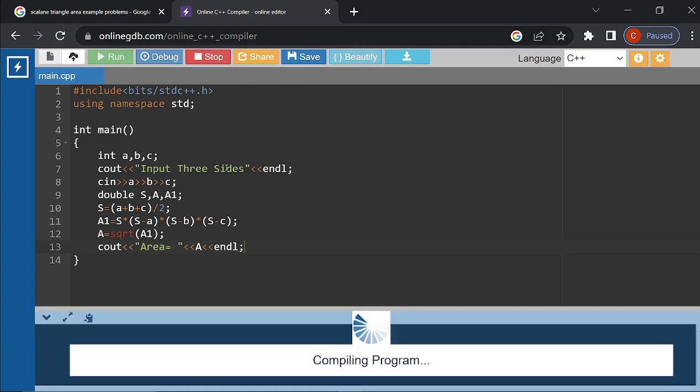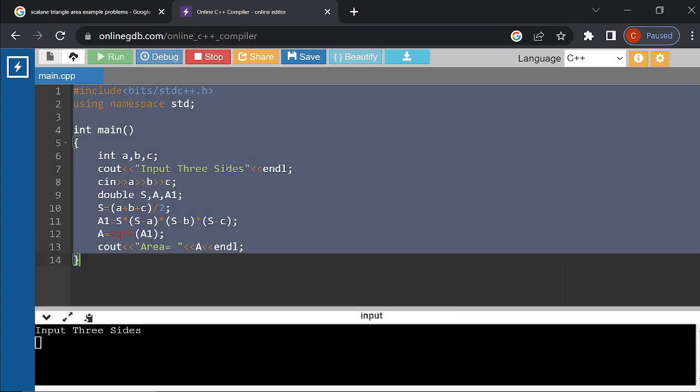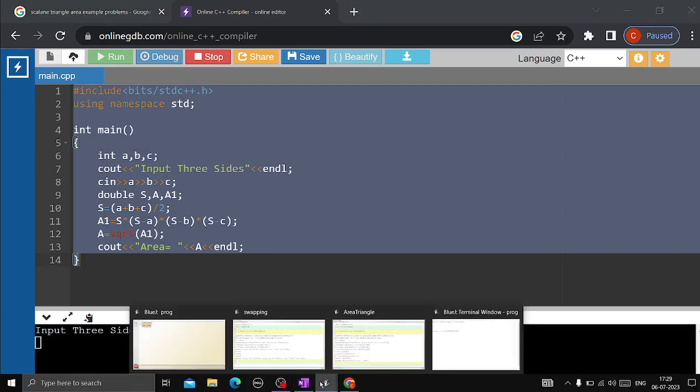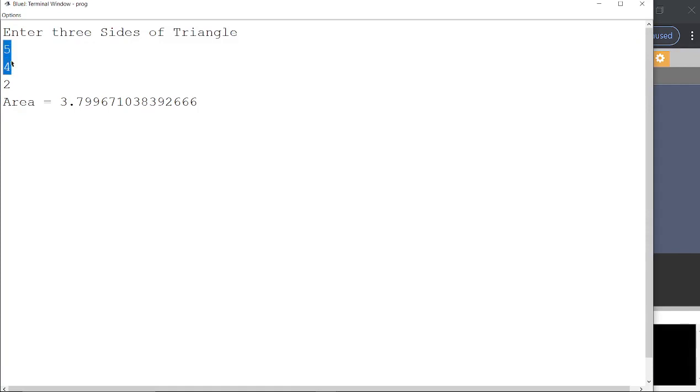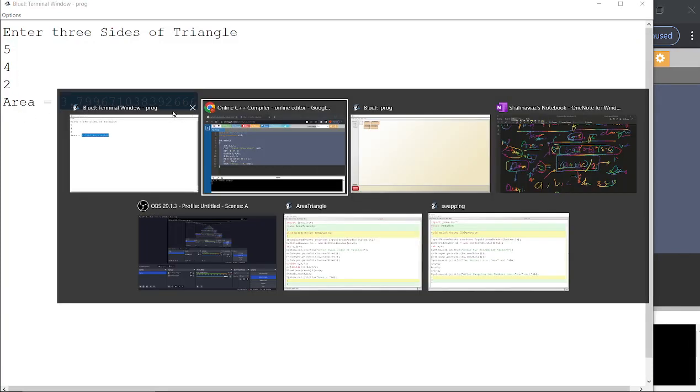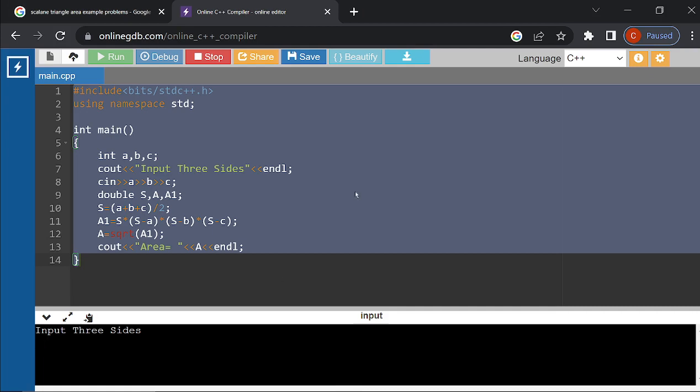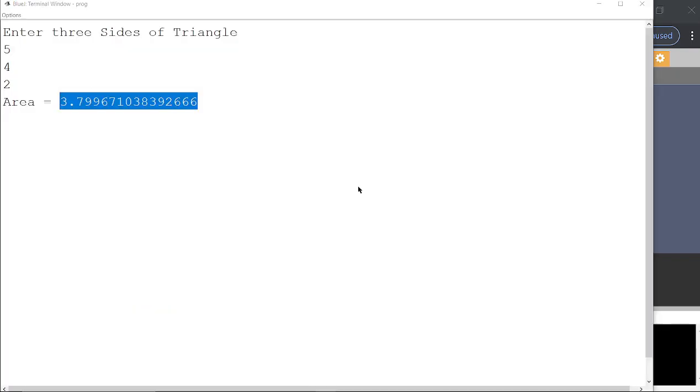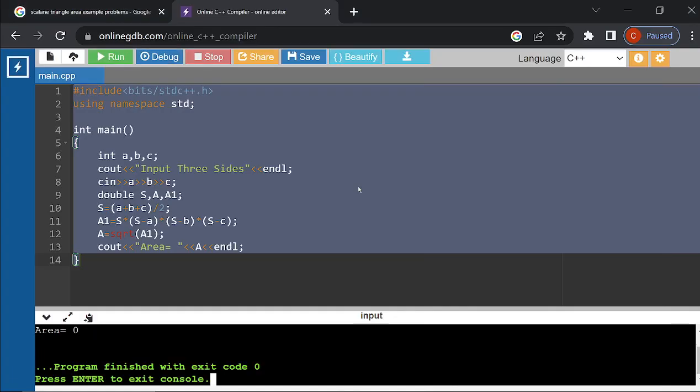Now I think I should run this side by side with the Java program. All right, I have taken the values 5, 4 and 2, and this is the area I got. So here also I will take 5, then 4, then 2. Okay, what area will I get?